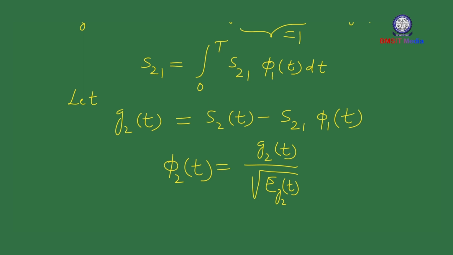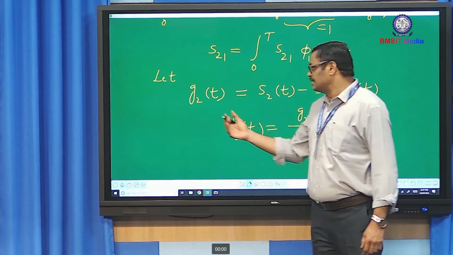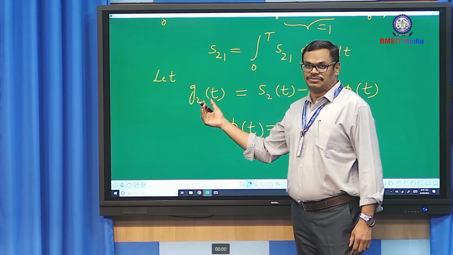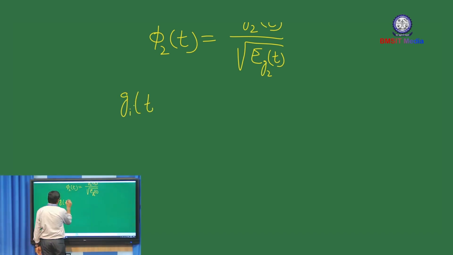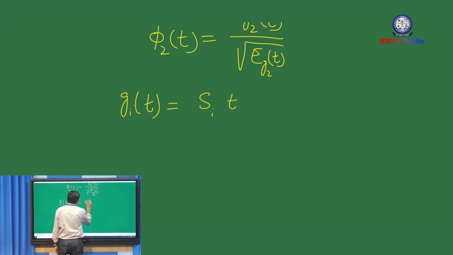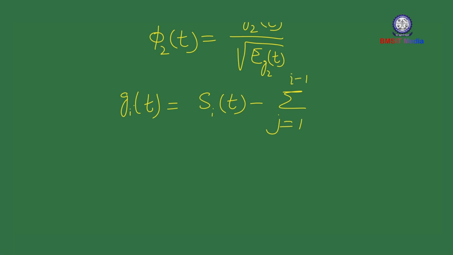So like this, we can find n orthonormal basis functions by generalizing the signal g of t. I can generalize gi of t as si of t minus the summation j is 1 to i minus 1 of Sij phi j of t.